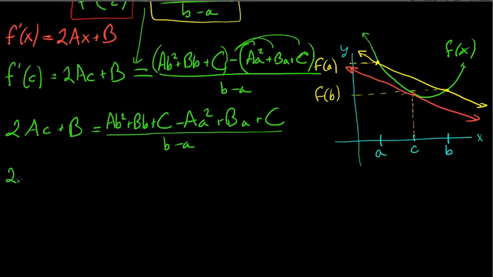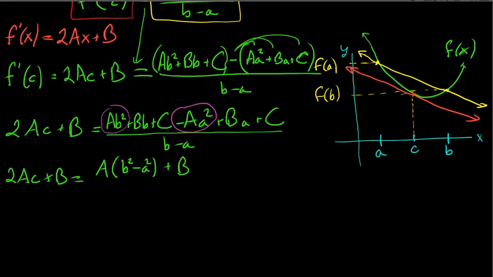Okay. So what's next? Let's collect some like terms here. If I put these two terms together and factor out the capital A, what do I get? I get capital A times little b squared minus little a squared. What if I factor out the capital B here? I get capital B times little b minus little a.